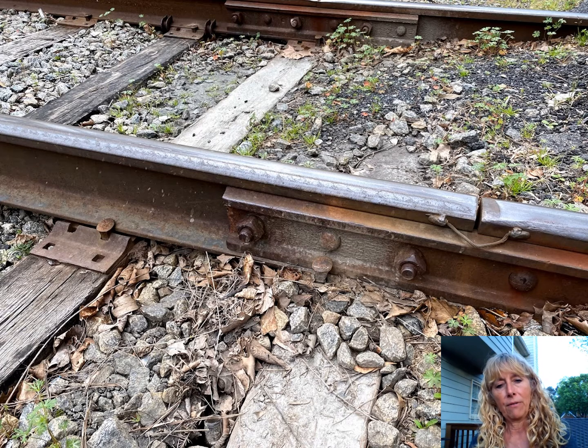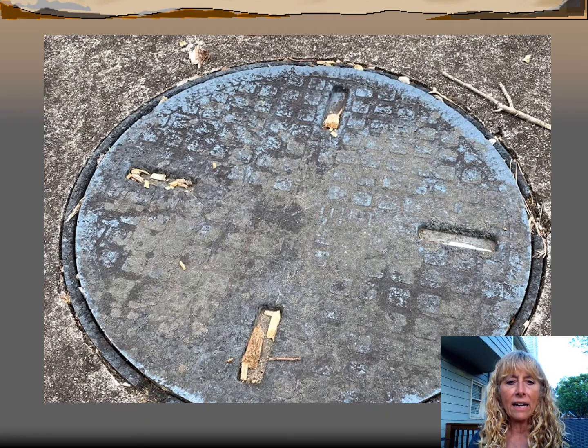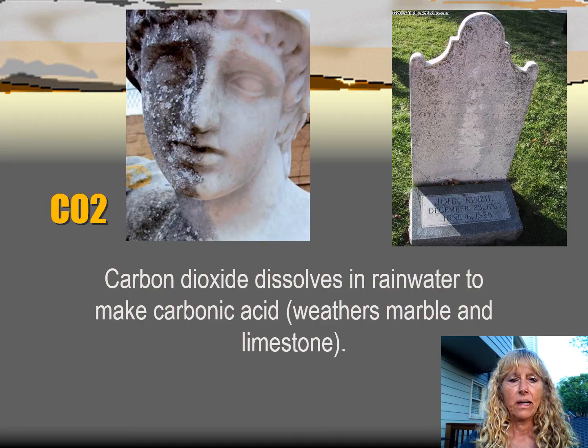So I have a railroad track that I walk by frequently, and I noticed there was a lot of rust happening right there. Another example of oxidation. And here we have the top of a sewer. You can see the weathering happening there. And then also on the concrete beside it, the chemical changes are causing it to change color.